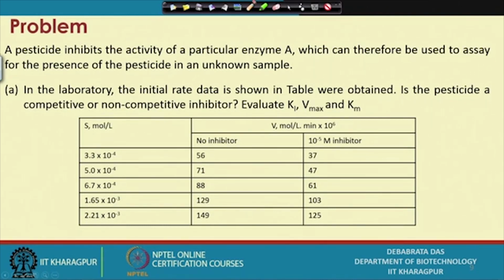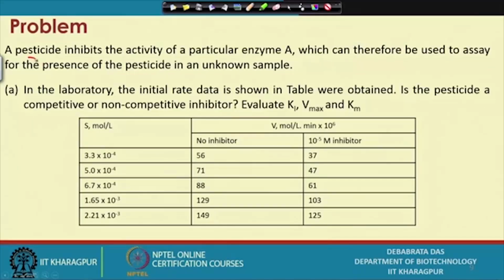I have given the example of pesticides. Pesticides are very complex chemicals, and we usually estimate them with the help of HPLC, which is a very sophisticated instrument. Now, by using enzymatic reaction kinetics, it is possible to determine the concentration of pesticide.